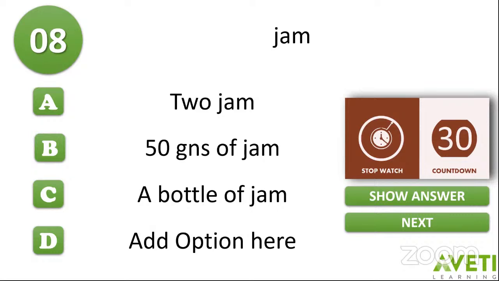When you say bottle of jam, that means there is one bottle of jam. So the jam bottle becomes countable. You converted jam to a bottle of jam. Though jam is uncountable, the bottle becomes countable. Whereas 50 grams of jam is again uncountable, because there you are measuring the weight of the jam, that it is 50 grams. And as such, 2 jam is wrong English, so obviously it doesn't apply. So the right option is, children, a bottle of jam.